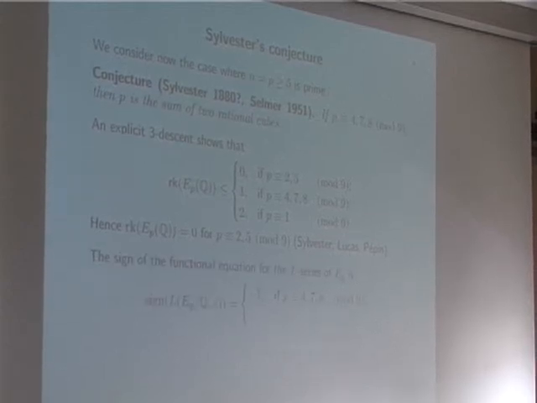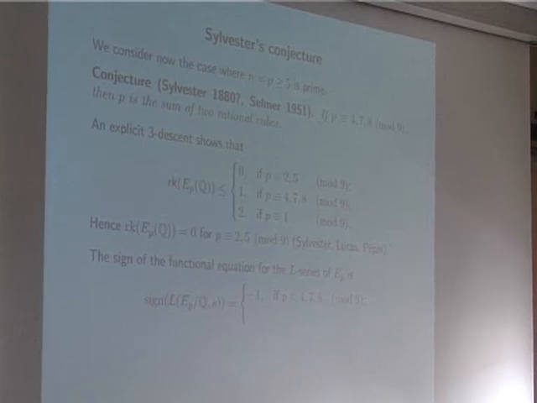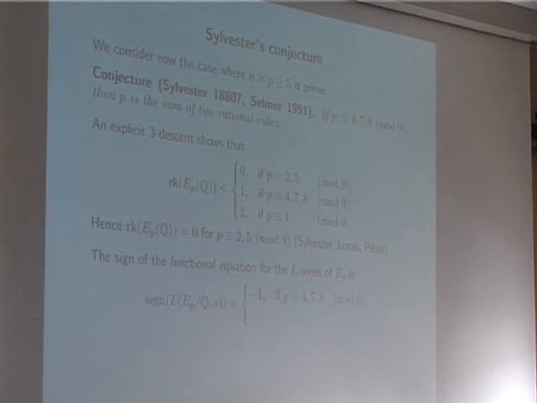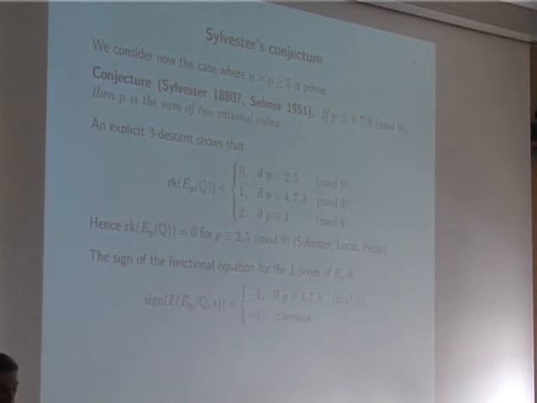So what about this case when p is 4, 7, or 8 mod 9? Well, we know the rank is less than or equal to 1, so we should also look at the sign of the functional equation for the L-series of E_p. And it turns out that that sign is minus 1 if p is 4, 7, or 8 mod 9, and it's plus 1 otherwise.